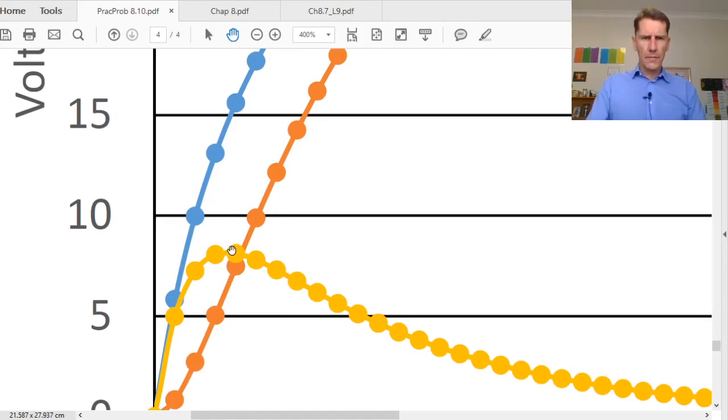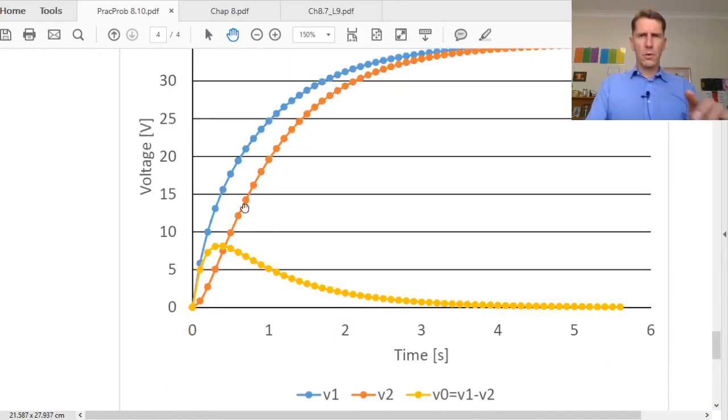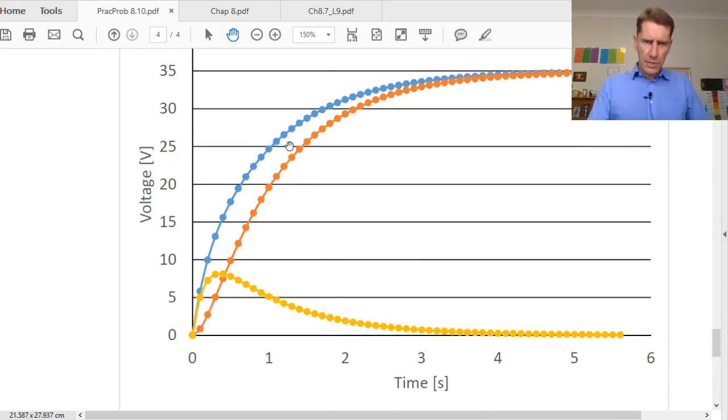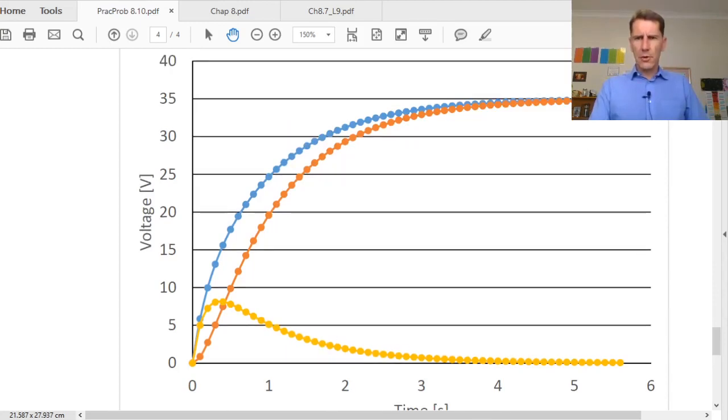After this point, the gap between them, that vertical distance, gets smaller and smaller and smaller, and as the gap shrinks, the current gets less and less until eventually both capacitors are charged up to 35 volts, and it goes to 0. Alright, so that's in terms of electricity.